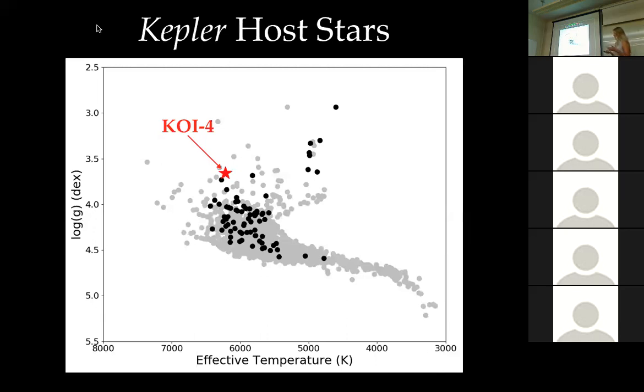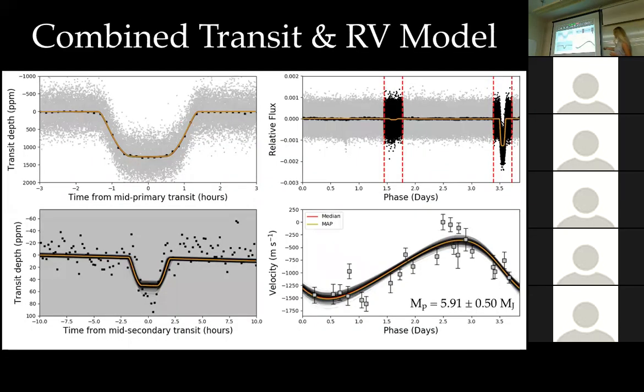Something else I wanted to point out, if you take a look at the measurements here, these are pretty large error bars. This is a result of the rapid rotation of the star, and rapid rotation makes these measurements really difficult to do because it's broadening the spectral lines.